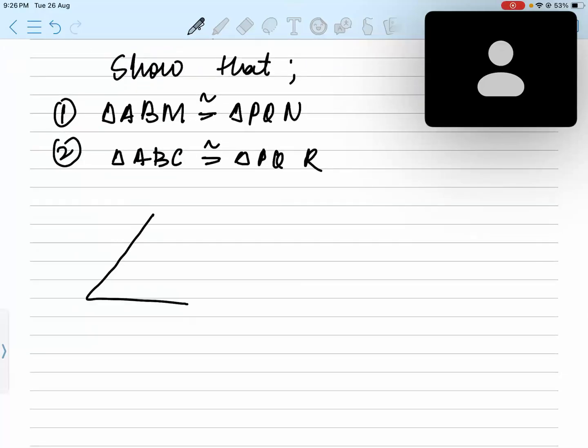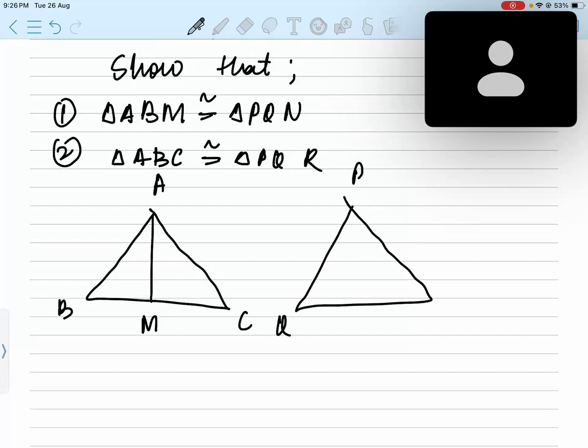So like this is the figure. This is one triangle A, B, C, then M. And then you have one more, P, Q, R, and then again PN.